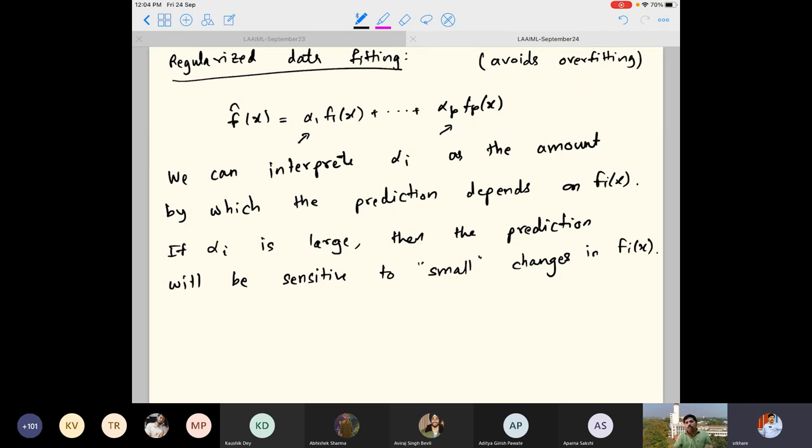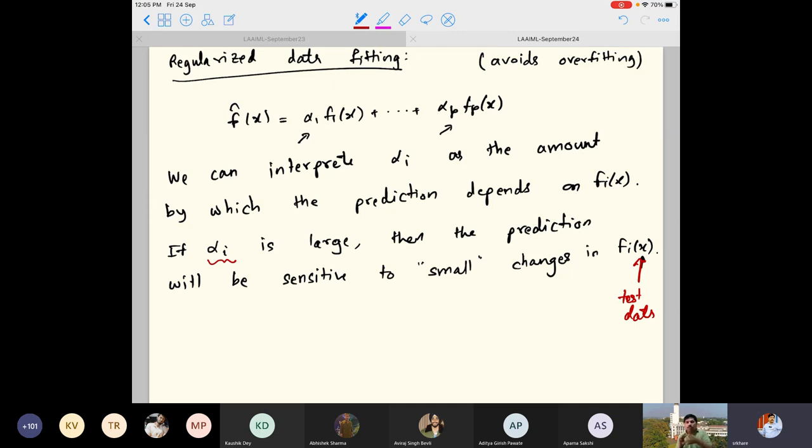So suppose x is the unseen data, the test data. Small perturbations in test data may result in a very large perturbation in your prediction, because alpha is really large and will magnify that.